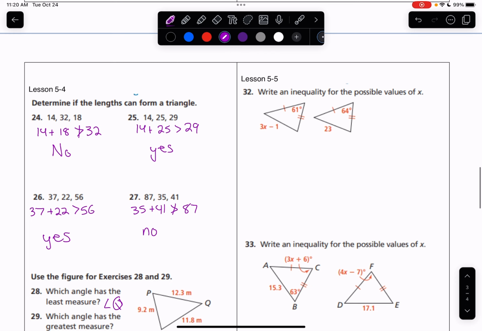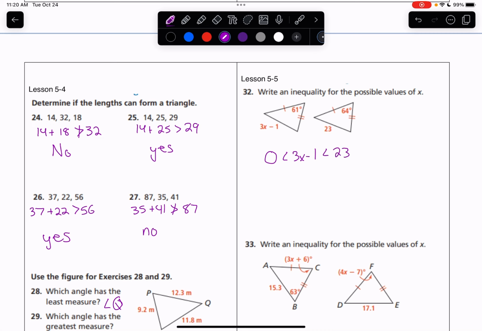Up here, write an inequality for the possible values of x. Well, x is going to be a side length, so it's more than 0. And it's going to be less than 23 because 61 degrees is a smaller opening than 64 degrees. So 0 is less than our x value, 3x minus 1, which is less than 23.